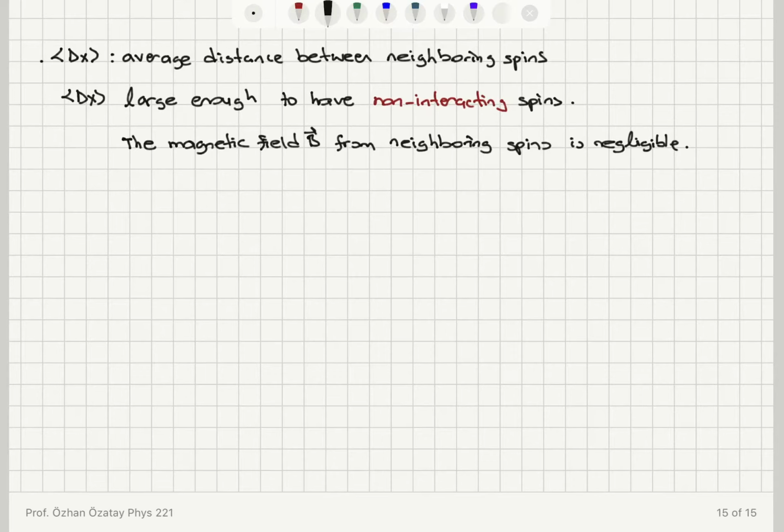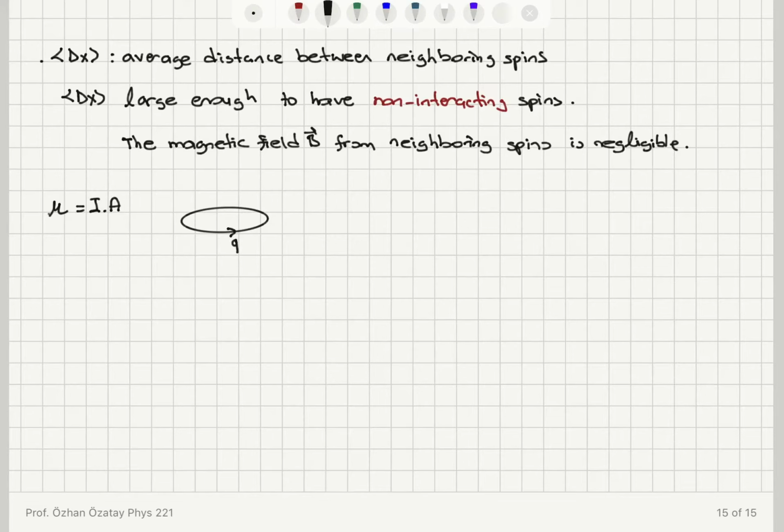Now, in your basic physics classes, you have seen that if you put a magnetic moment inside a magnetic field, it tries to align with that field. So let me remind you that magnetic moment is the current I multiplied by area. So if you have a loop like this, you have a circulating charge Q on this loop.